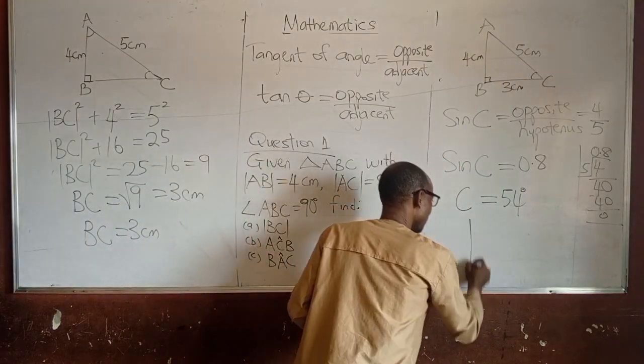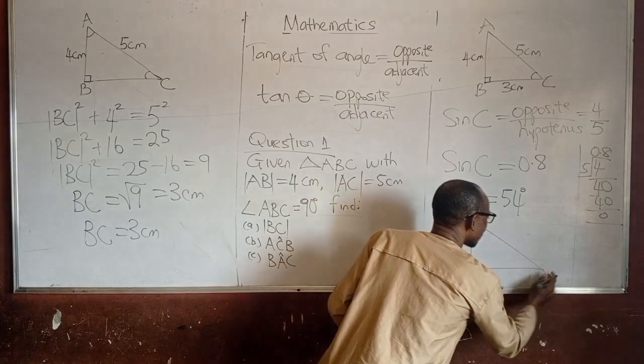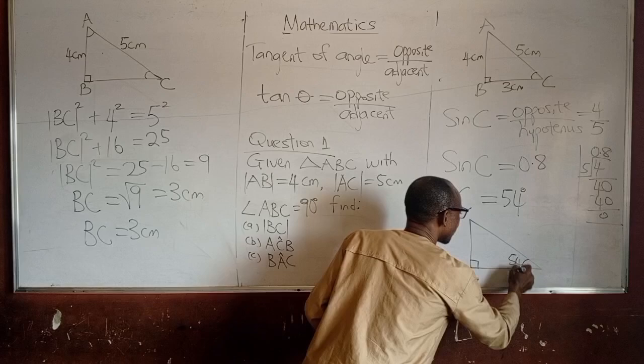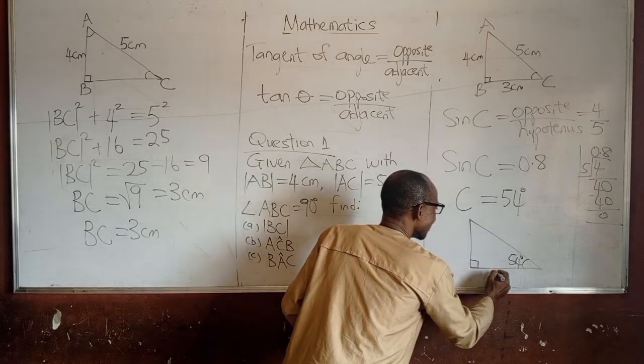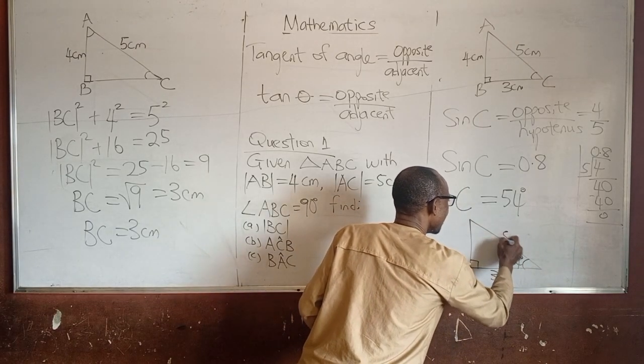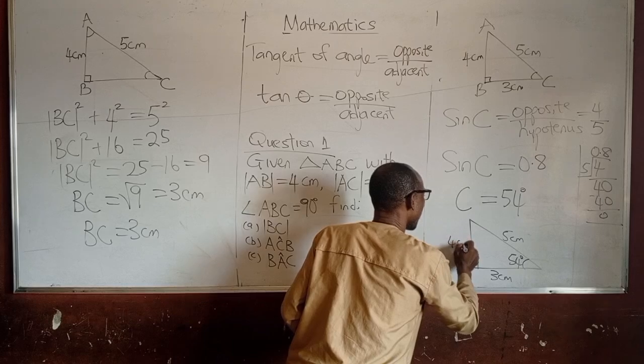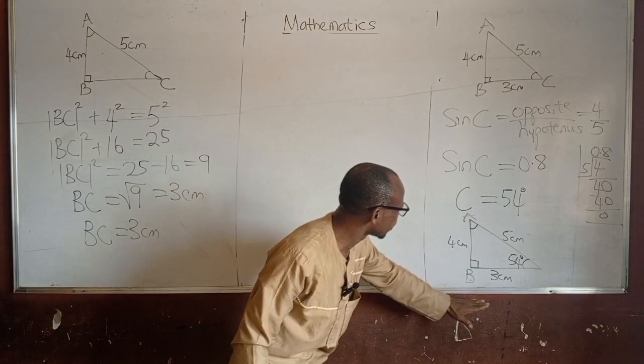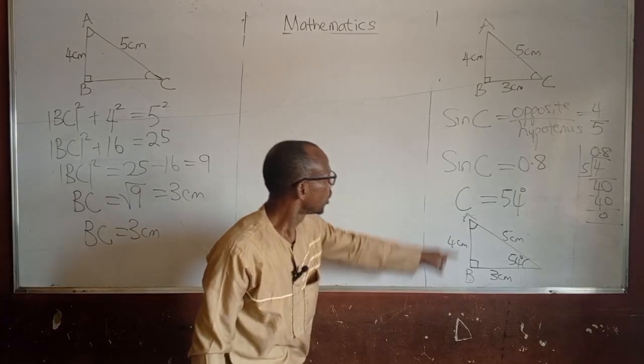Look at that. Make I draw the triangle again so that we go understand what we do. Now we don say here now 54 degrees. Here now 3 cm, 5 cm, and 4 cm. Here now A and here now B. Look how the triangle now be now.